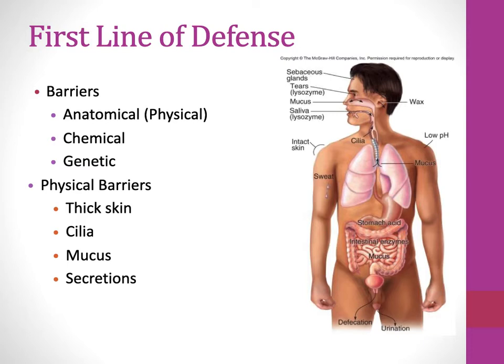And so again, when there's a break in the skin, there's a break in the first line of defense, and that requires the second line of defense to step in. We also have mucosal layers, cilia, and different secretions, all that aid in protecting and creating this first line of defense. So if we think about our respiratory tract, we have all this mucus production that helps to trap microbes so that they can't actually damage and attach to our respiratory system.